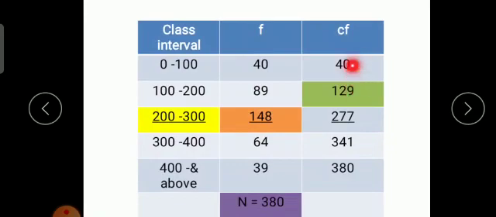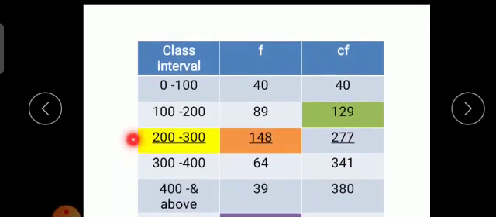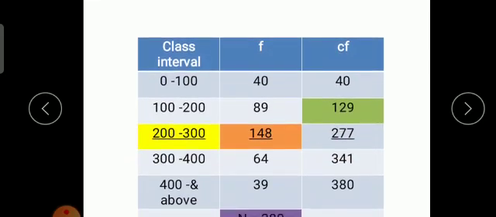Does 190 fall in 40? No. 129? No. 190 is included in 277, so you draw a line here. I have underlined 277, 148 and 200 to 300. So the 190th item lies in the median class, 200 to 300.